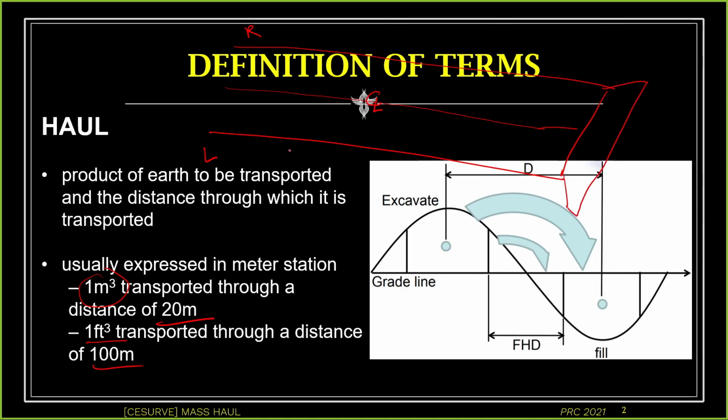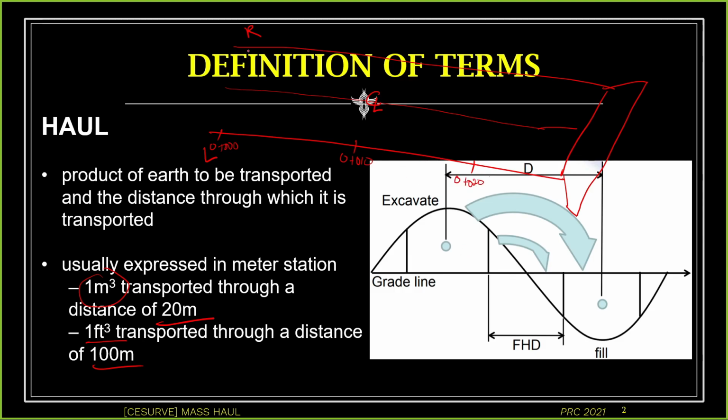Then, we have here our stationings. So 0 plus 000, 0 plus 010, 0 plus 020.